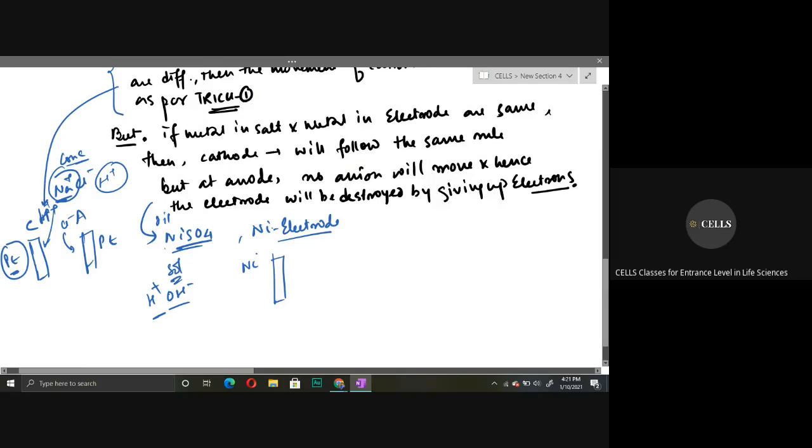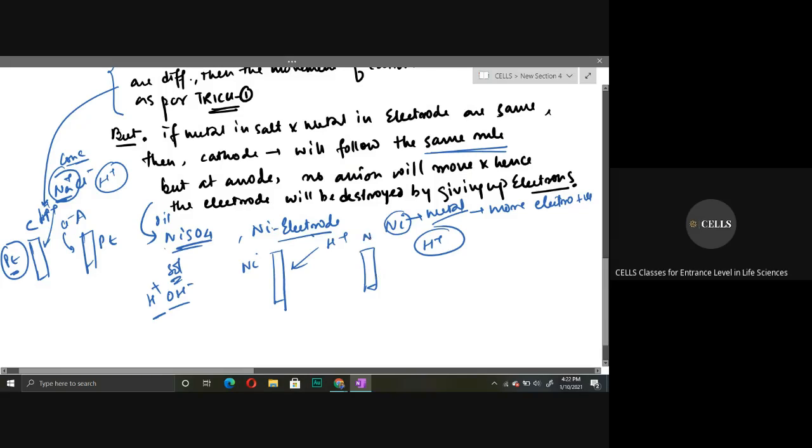You need to remember that nickel is a metal, so it's more electropositive. H plus is less electropositive, so H plus will come and bind over here.